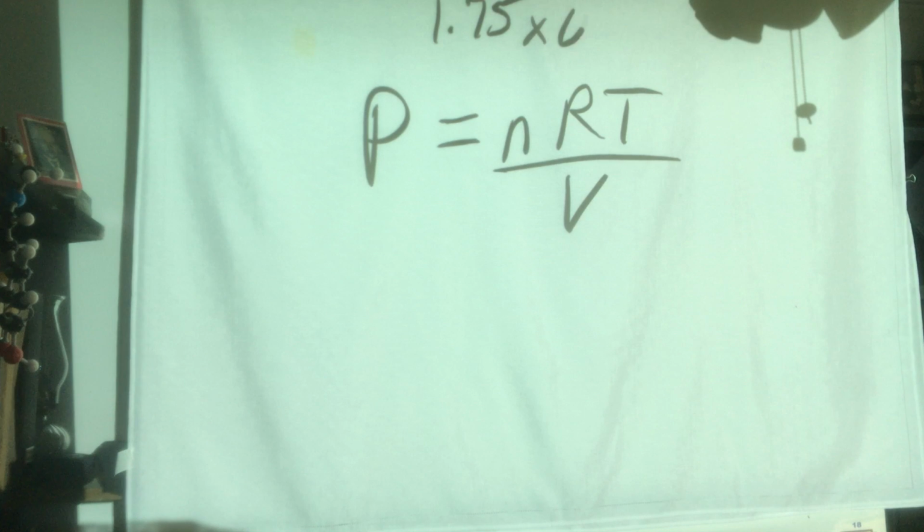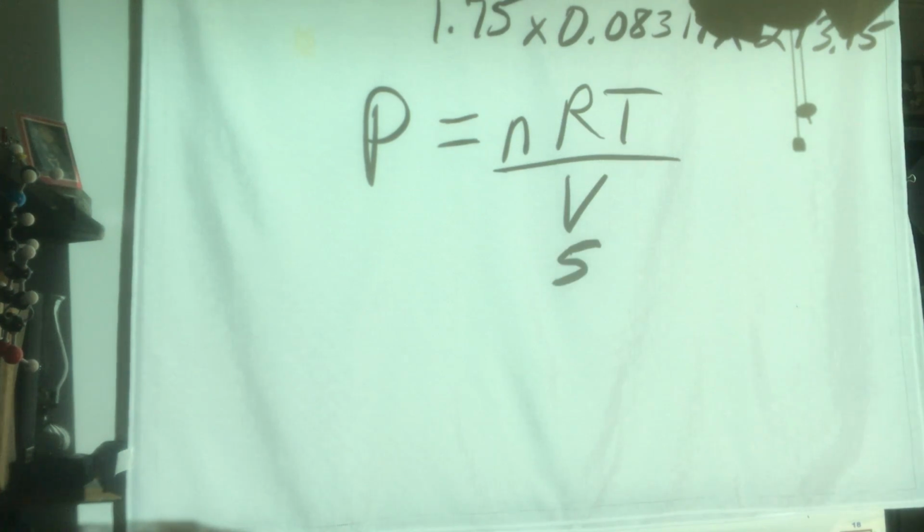We're going to multiply that times 0.08314. We're going to multiply that times 293.15 Kelvin. We're going to divide it all by 5 liters of gas.